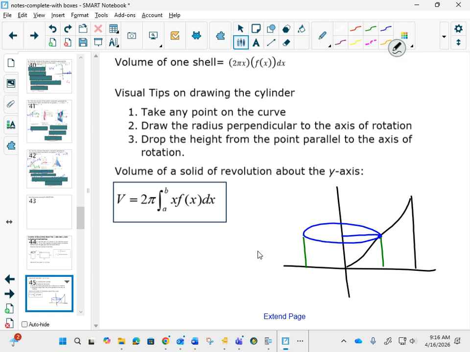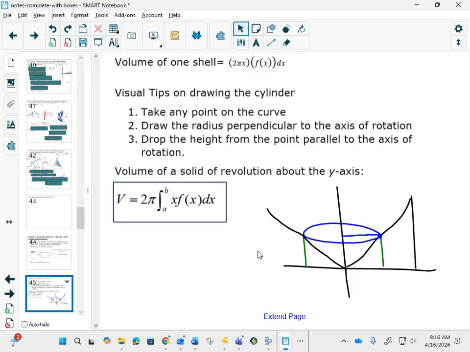I can imagine trying to redraw what I drew on the other side. And we would have these cylinders starting small and adding them paper thin all the way along. That would fill that whole shape.